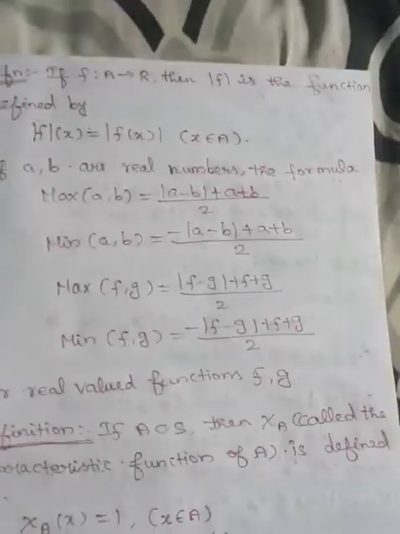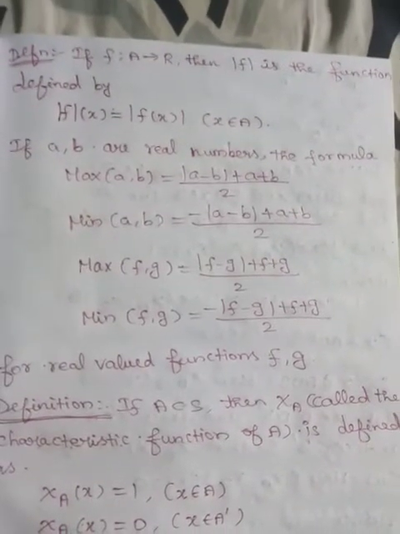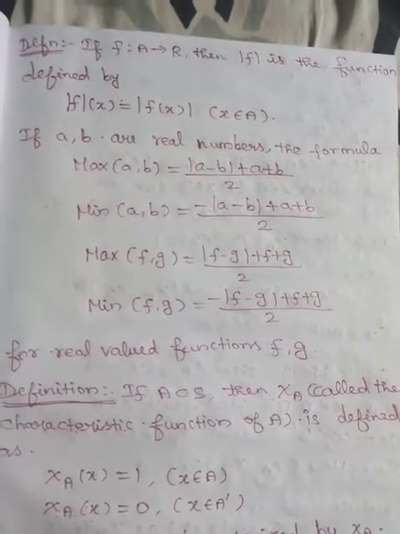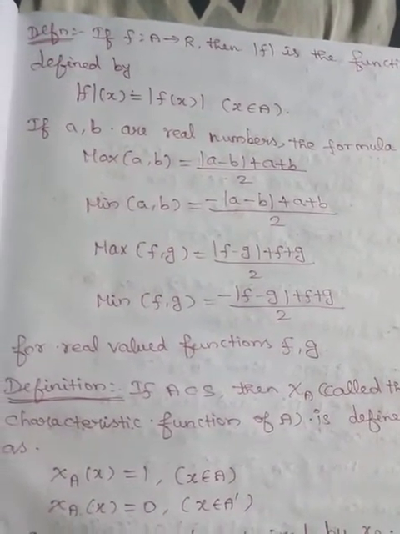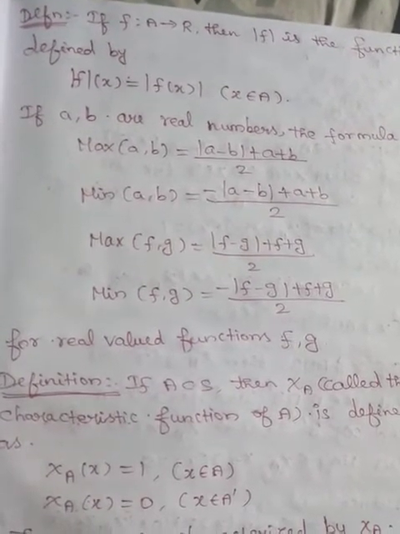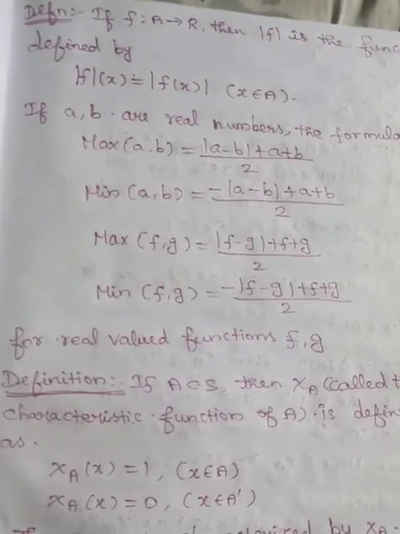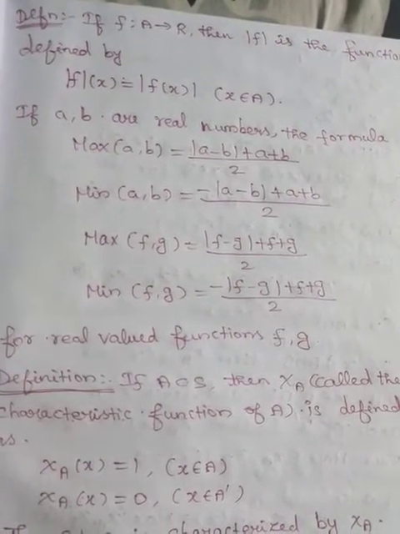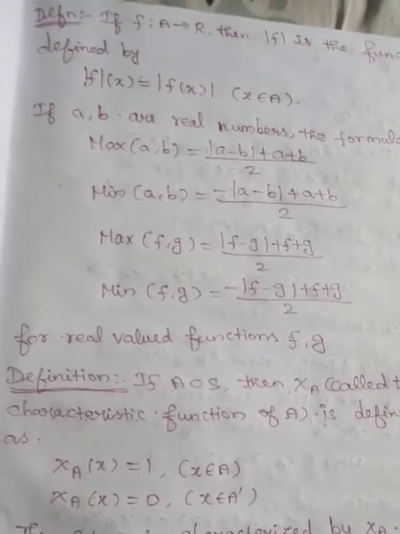Next definition: if f: A → R, then the modulus of f is the function defined by |f|(x) = |f(x)|, x belongs to A. If a, b are real numbers, there are 4 formulas.